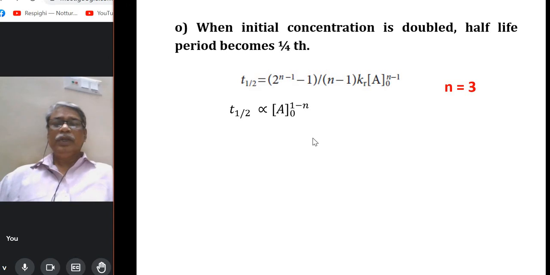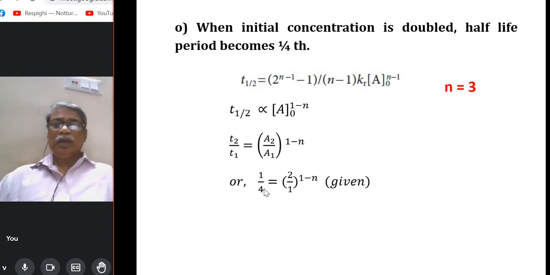So let us call T2 and T1 the half lives of two reactions, 2 and 1. So T2 by T1 is, with A0 as A2 for the second reaction and A0 as A1 for the first reaction, A2 by A1 to the power 1 minus n. Now the data given is that T2 by T1 is 1 by 4 and A2 by A1 is 2, because A2 is double that of A1.